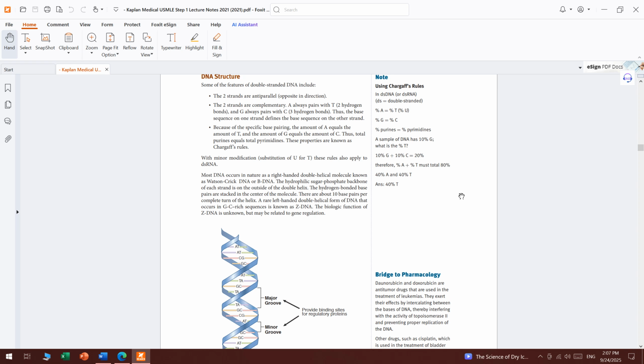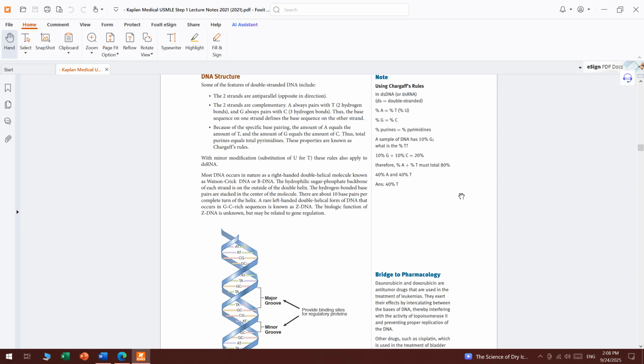Since the total percentage of all bases must be 100%, the remaining 80% must be composed of adenine and thymine. Because A equals T in double-stranded DNA, each must constitute 40% of the total. Therefore, if a DNA sample has 10% G, it will also have 40% T.